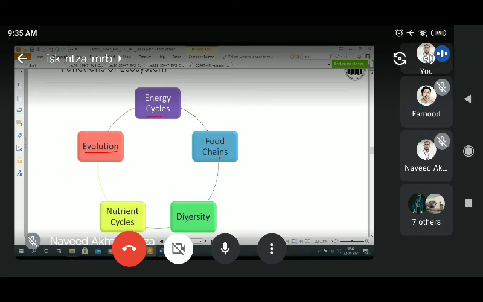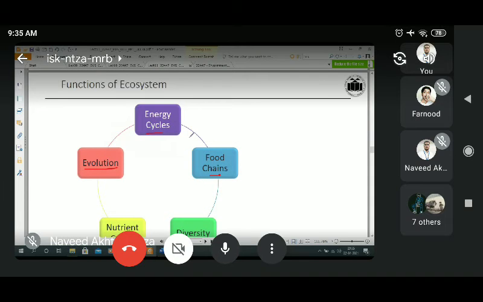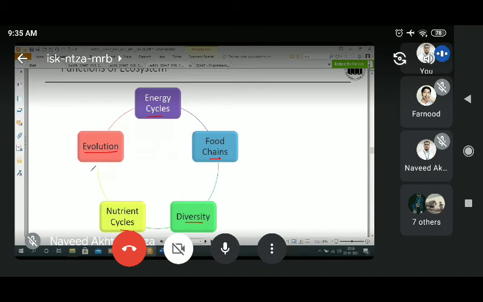All this combined is called the ecosystem, and these are the functions of the ecosystem.